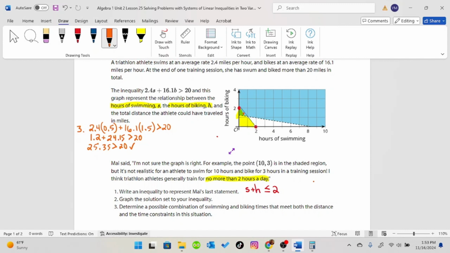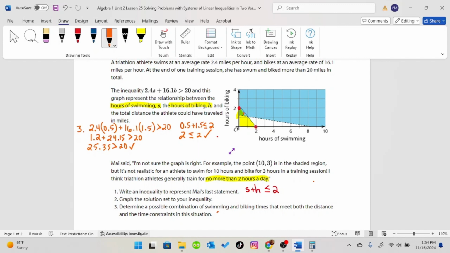If we try the inequality we wrote in number 1, S plus H is less than or equal to 2, then we would have 0.5 plus 1.5, which is 2. 2 is equal to 2, so it does satisfy the second inequality as well.